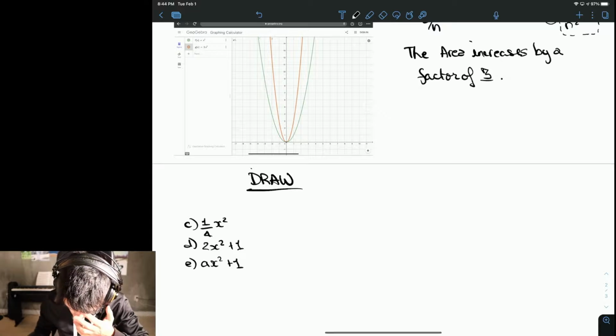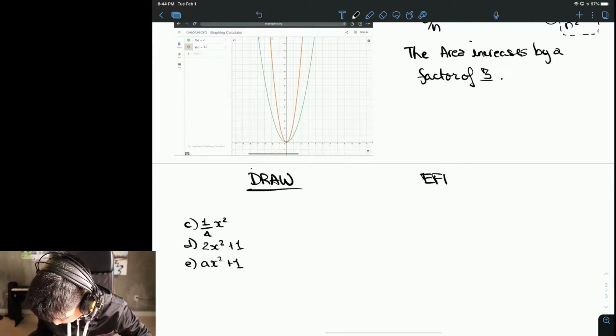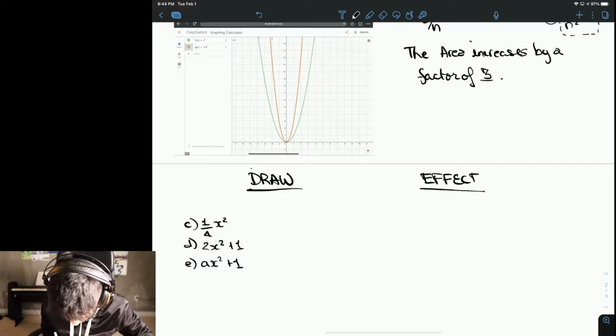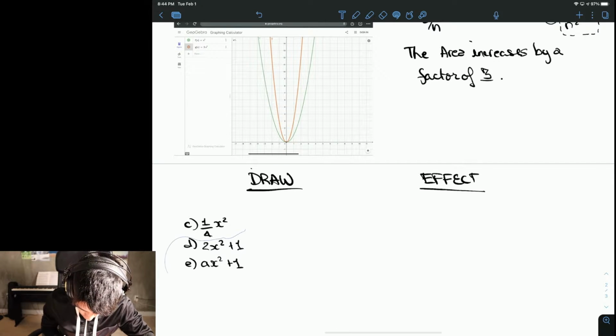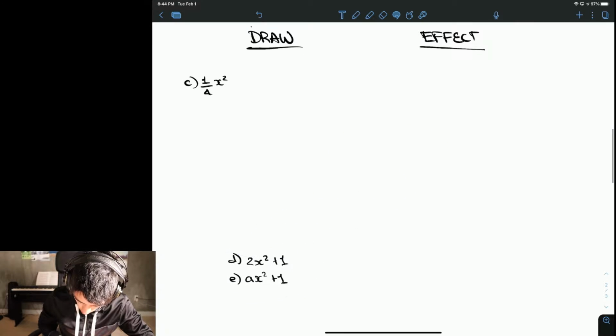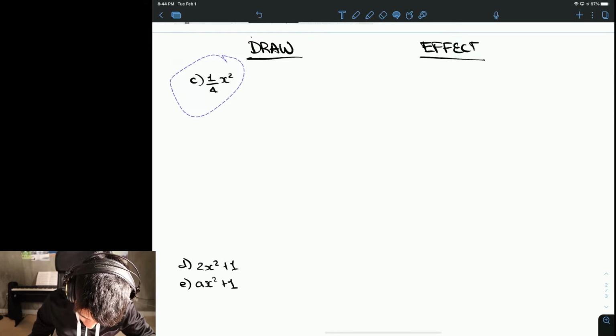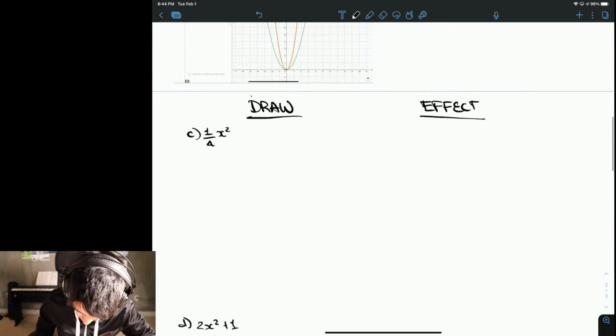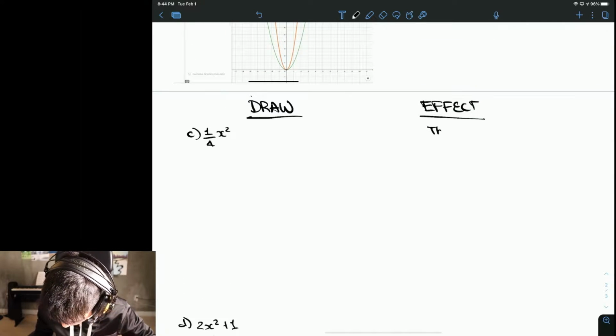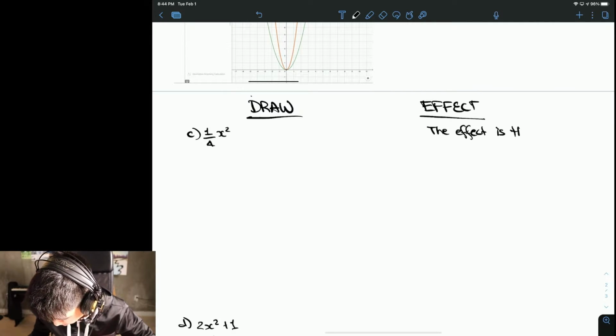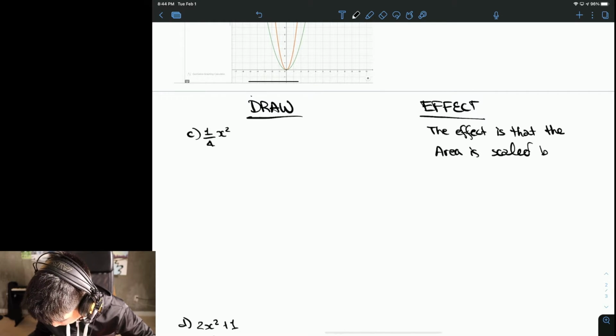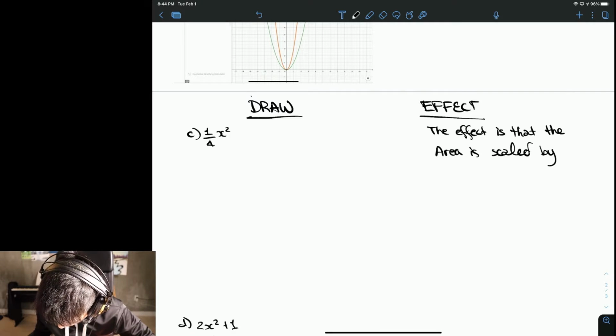So again, we need to draw and I'll list the effect. I will remove this. Draw it later. The effect is that the area is scaled by 1/4.